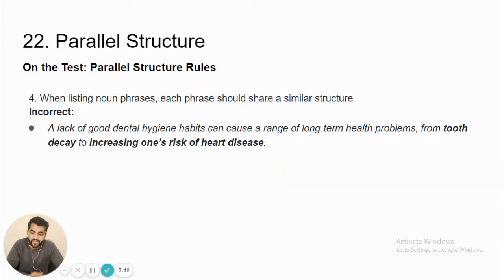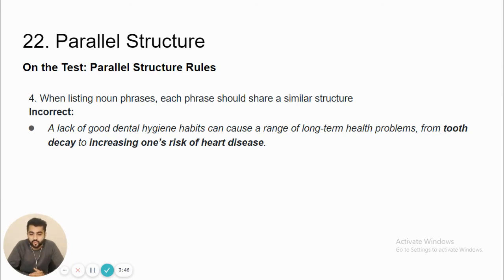Number four is when listing noun phrases, each phrase should have a similar structure. So, "A lack of good dental hygiene habits can cause a range of long-term health problems, from tooth decay to increasing one's risk of heart disease." Right? So what we have is tooth decay, which is a noun, and then we have increasing, which is an ing form of the verb.